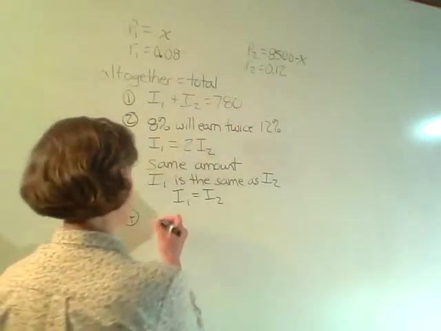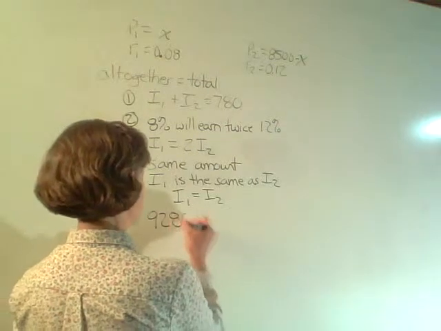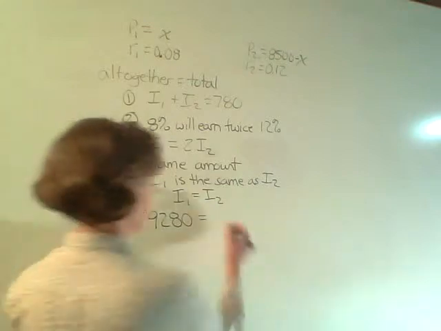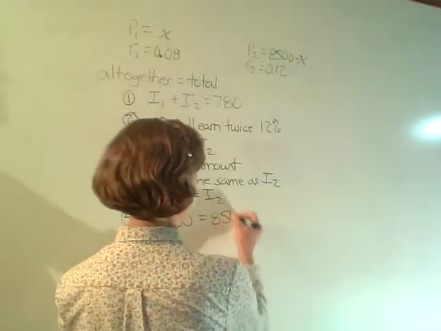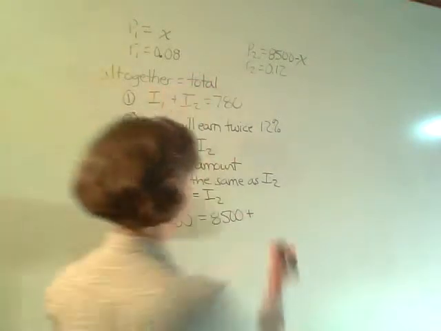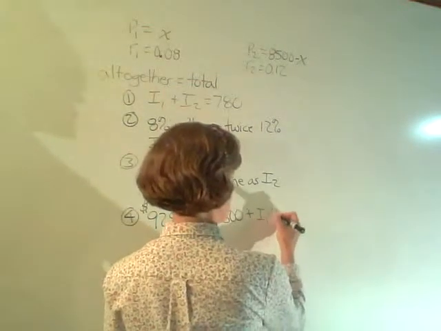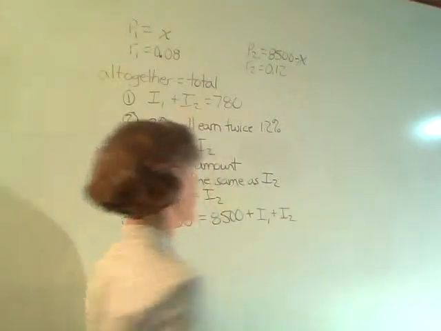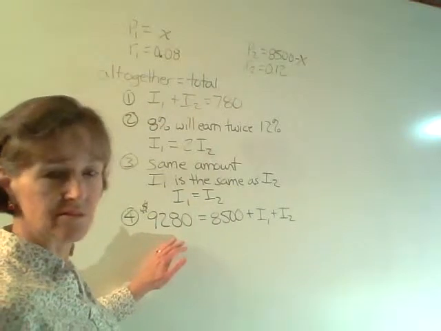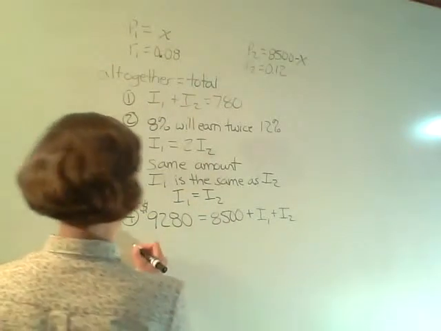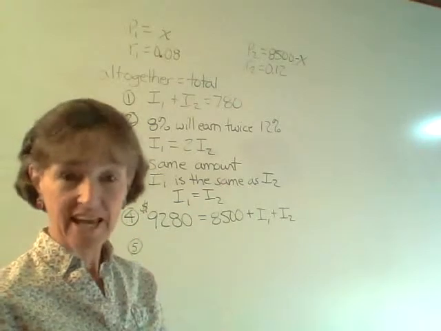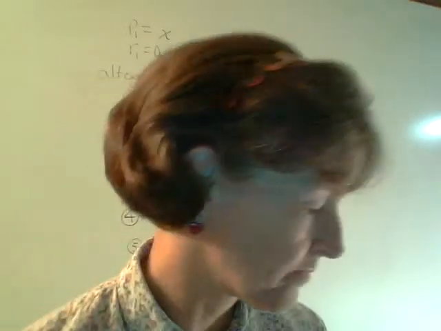So that $9,280 includes the $8,500 that they invested, as well as the money that each account earned: the interest from the first account plus the interest from the second account. So here's my general statement that represents this problem. Make sure the students understand the difference between money they have and money earned.